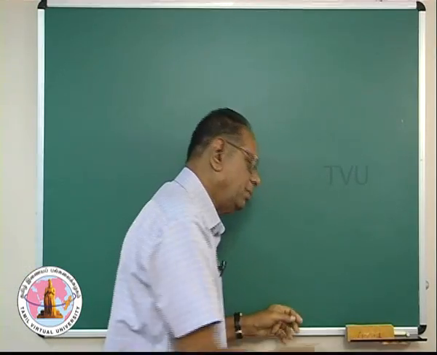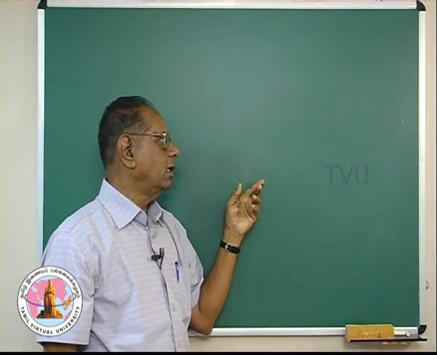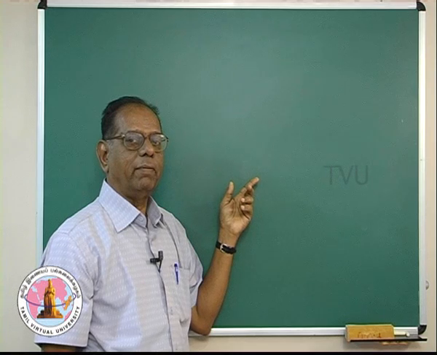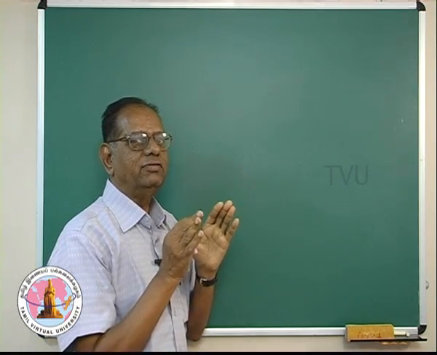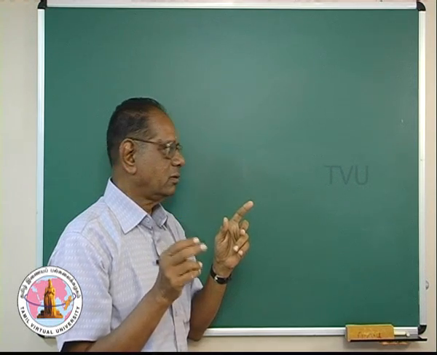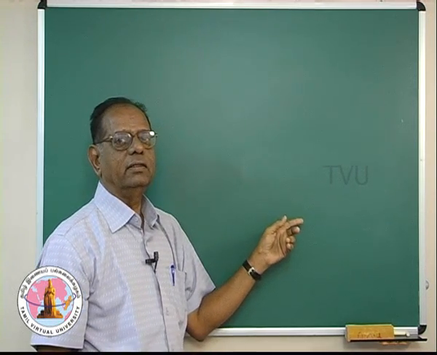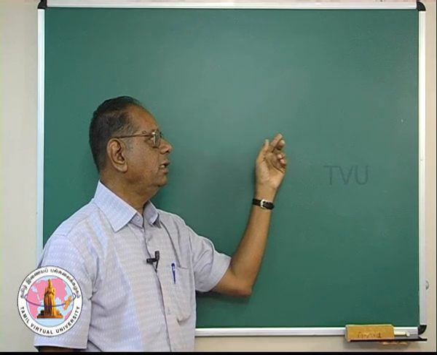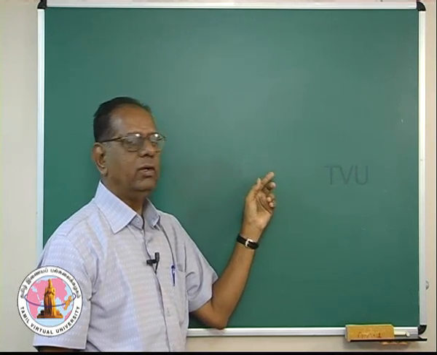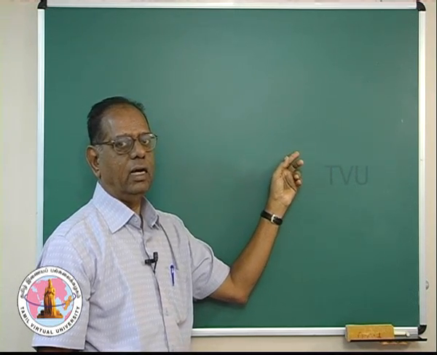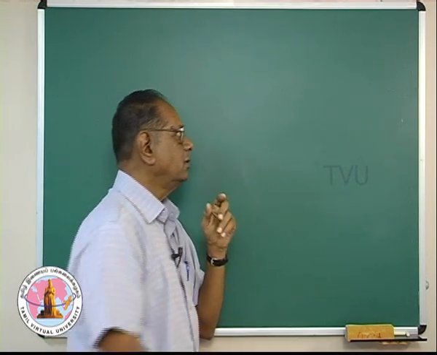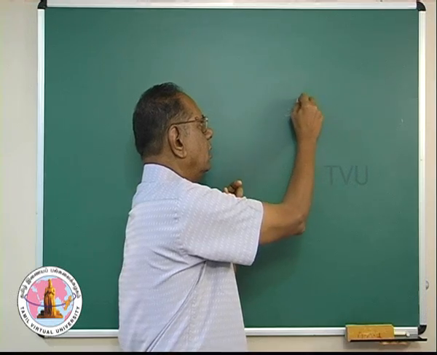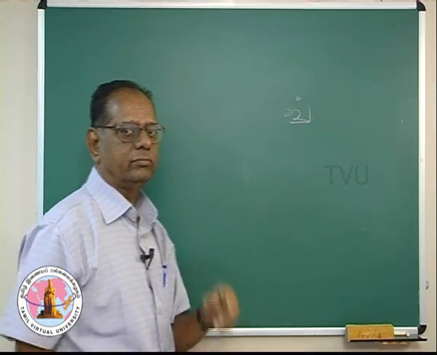So, what is the purpose of the semi-vowel? It serves as a cementing factor between two vowels. Here also we find that E and I will take the semi-vowel ya, and the rest will take the semi-vowel, remember.